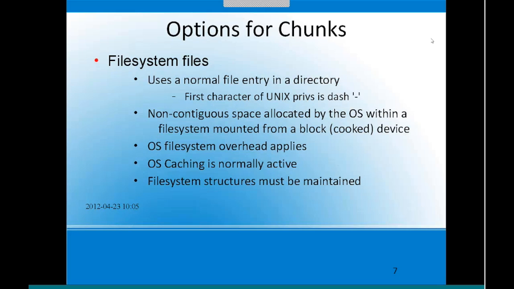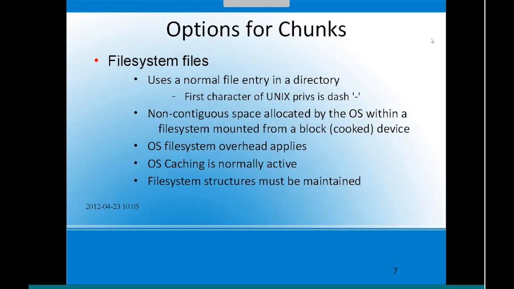And then file system files. So using a normal file, in other words, as a chunk or a table space for your database. Typically, it's non-contiguous space. At least you have no control over the contiguousness of the contents of the file. The file system governs that, and we'll talk about that in a little bit. And there's some overhead from the file system.